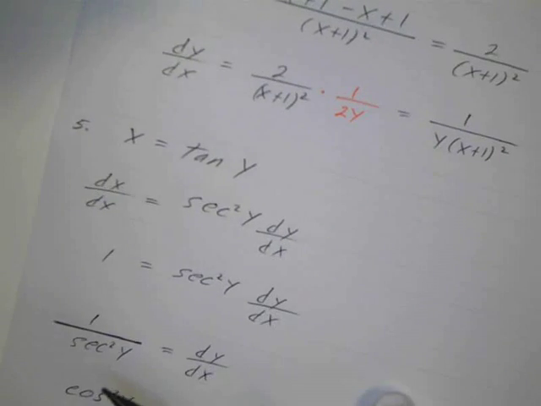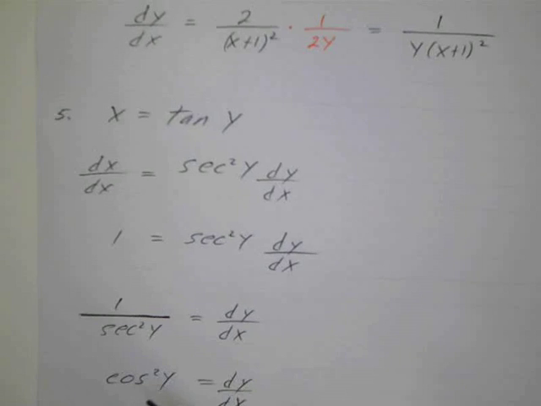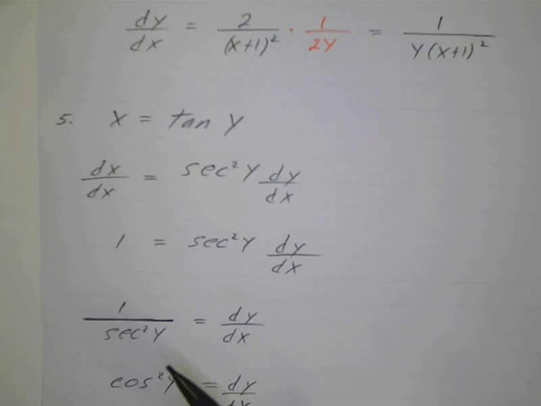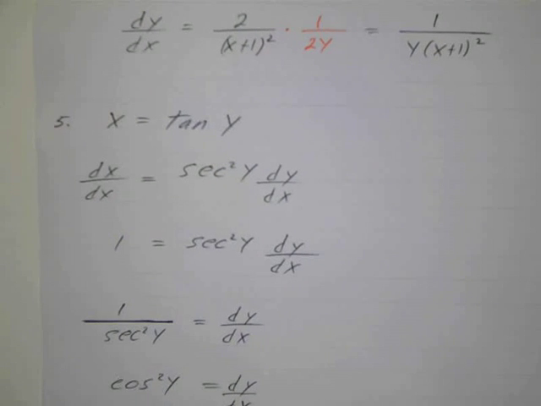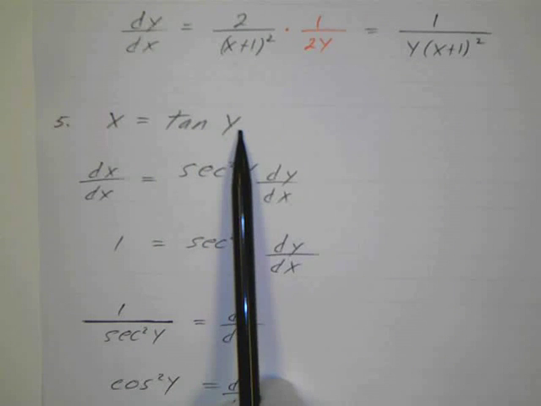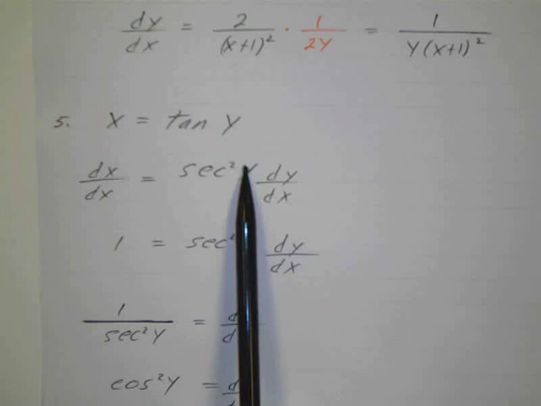I think we've got time for one more. We're going to do number 5 here, and this is just x equals the tangent of y. So I just take the derivative of both sides. If I take the derivative of the left, I get dx/dx. A little more room, so I showed more detail in this one. The derivative of the tangent of something is the secant squared of something times the derivative of that something.